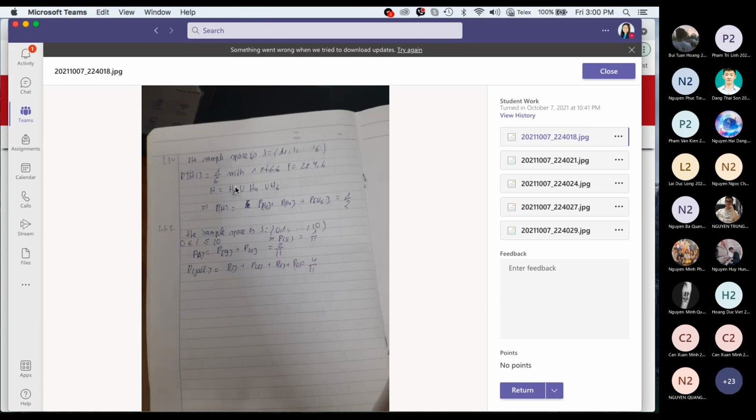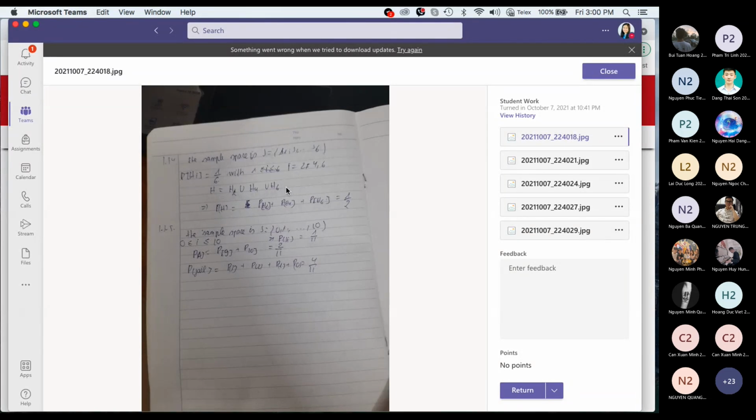And H here is the event that the die roll is an even number. In fact, for the Hi here you have to define what Hi is, equal to 1 over 6, for i from 1 to 6. Okay, so H2 union H4 union H6. The probability of H equals... these 3 events here are mutually exclusive.